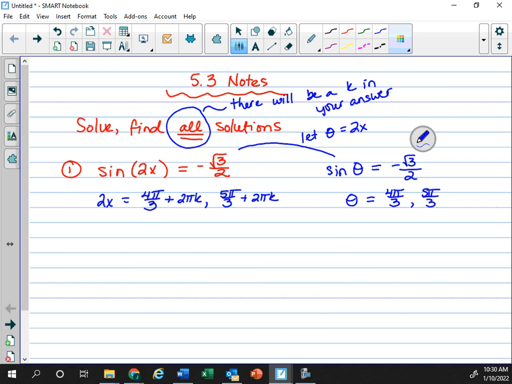All right, and we have one step left in solving this problem. Right now it says 2x equals this big mess of values. We want to know what x would equal. So how do you think I'm going to solve this equation for x? Yeah, divide everything by 2. Literally all of this we're going to divide by 2. So what is 4 pi over 3 divided by 2?